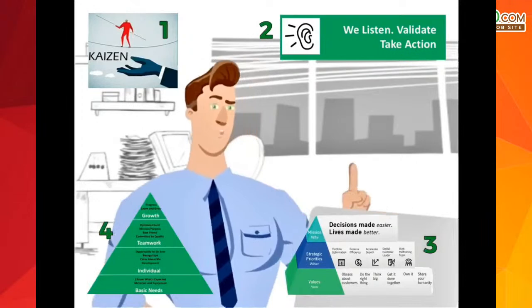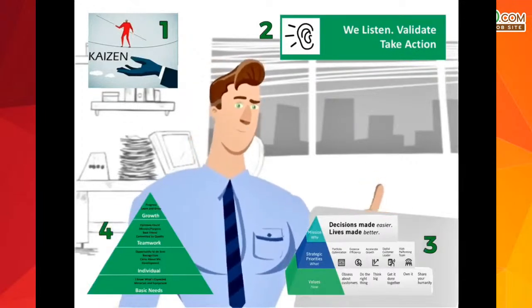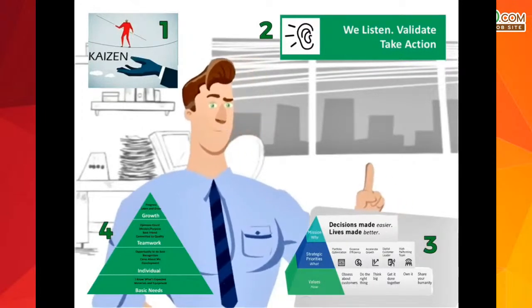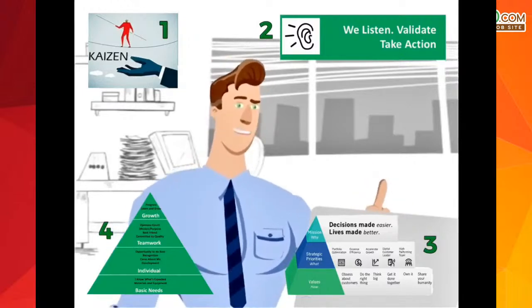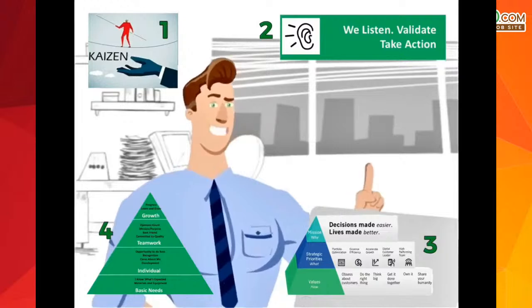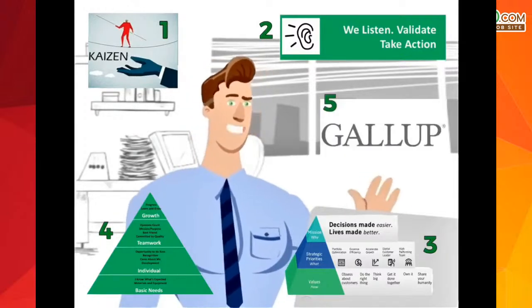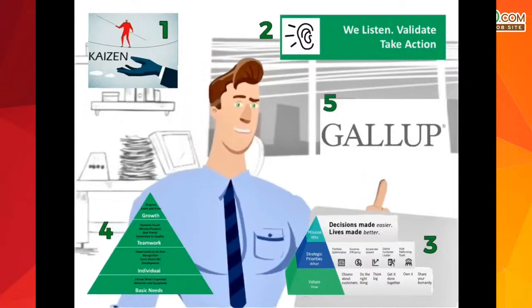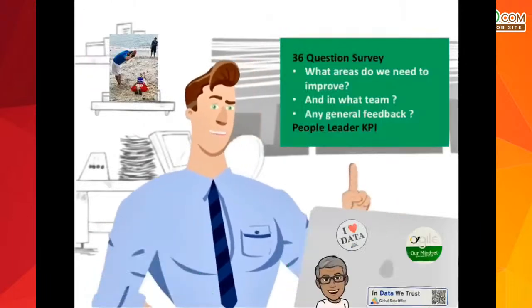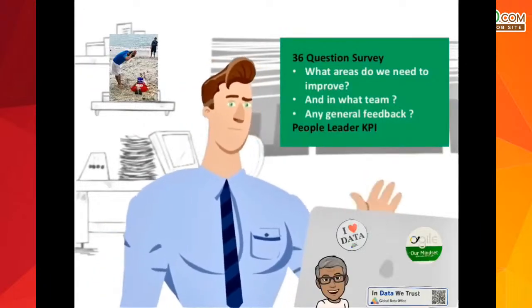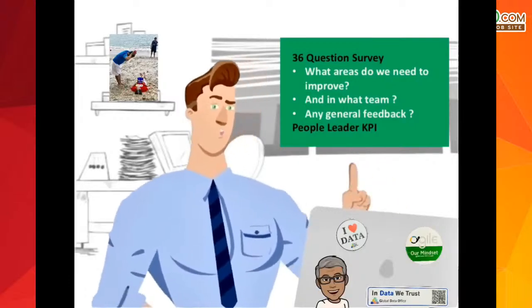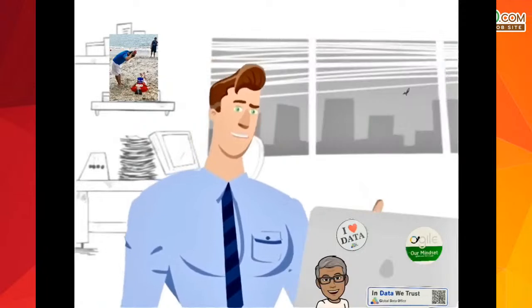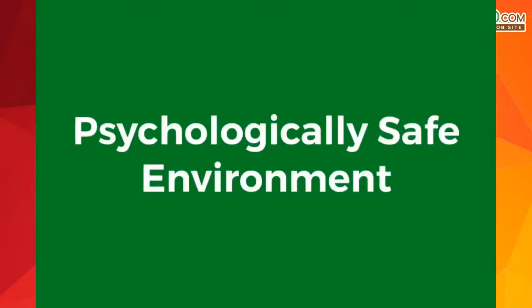The employee needs hierarchy that ensures that you not only have what you need to do your work, but also recognition, a happy team dynamic, and individual growth. And finally, 5. Our engagement pulse check, or the Gallup survey, whose 36 questions ask, are our people leaders living up to their commitments? Let's go into each in a little more detail.